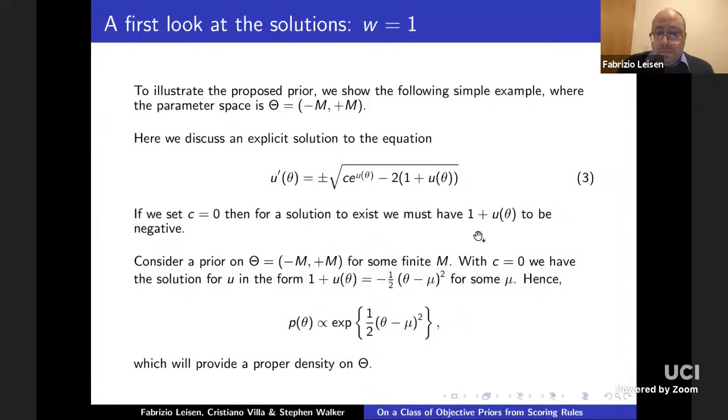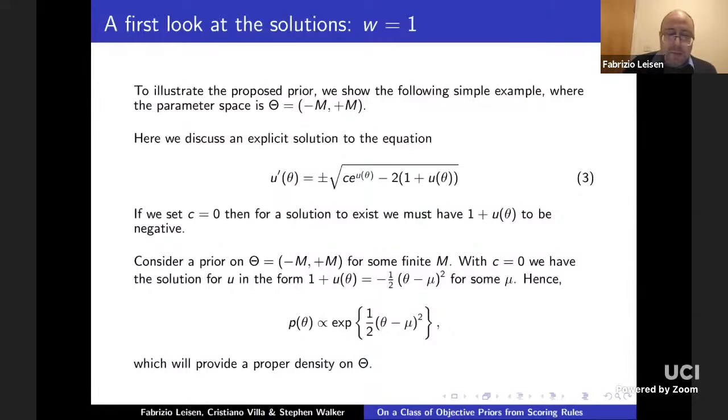So if we choose the positive sign in the square root, it is quite straightforward to see that a choice for 1 plus u theta could be minus 1 over 2 theta minus mu squared for some mu. So the resulting prior is proportional to the exponential of 1 over 2 theta minus mu to the square.